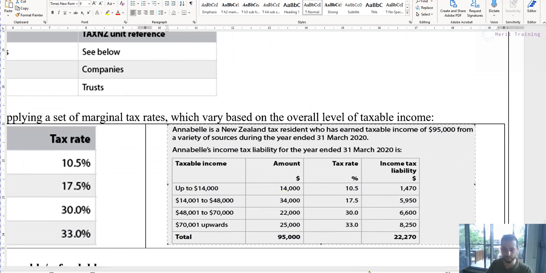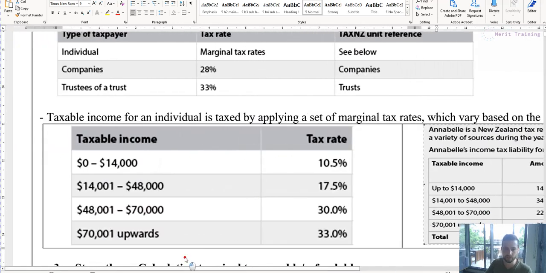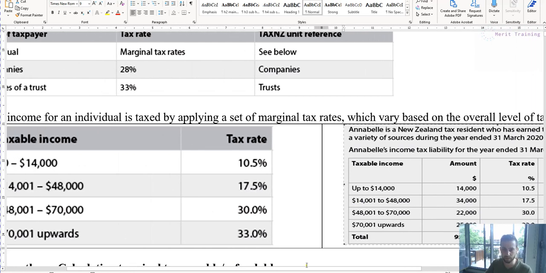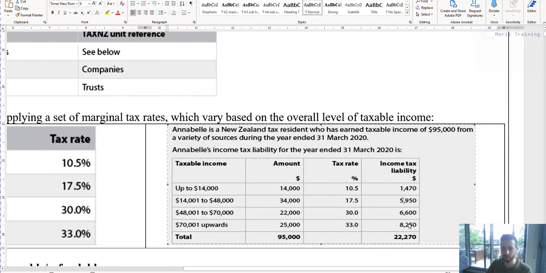So for the threshold between $0 and $14,000, we calculate the tax rate of 10.5%. All you do is multiply the $14,000 by 10.5%, that equals 1,470. For 14,000 to 48,000, all you do is multiply the difference between these two numbers, which is 34,000, by the tax rate for that bracket, which is 17.5%, and that equals 5,950.